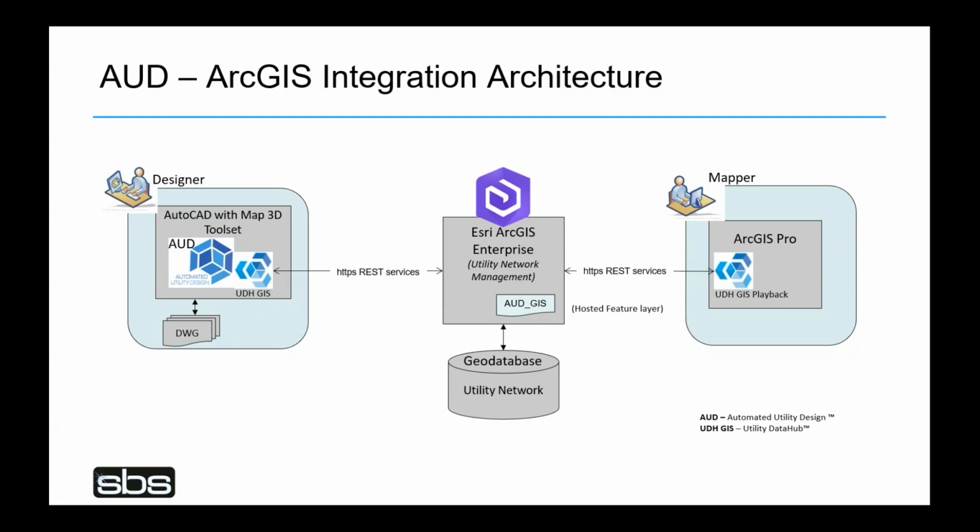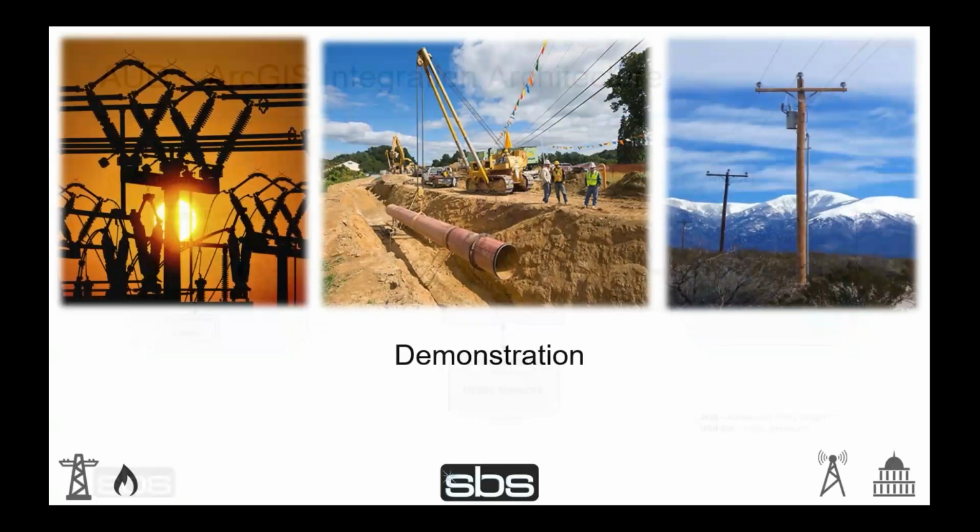And we're able to do those same kinds of things and leverage many of those same services that core ArcGIS Pro are using to make AUD that much smarter or that much more efficient. So you'll see a lot more of that when Sergey's going through.